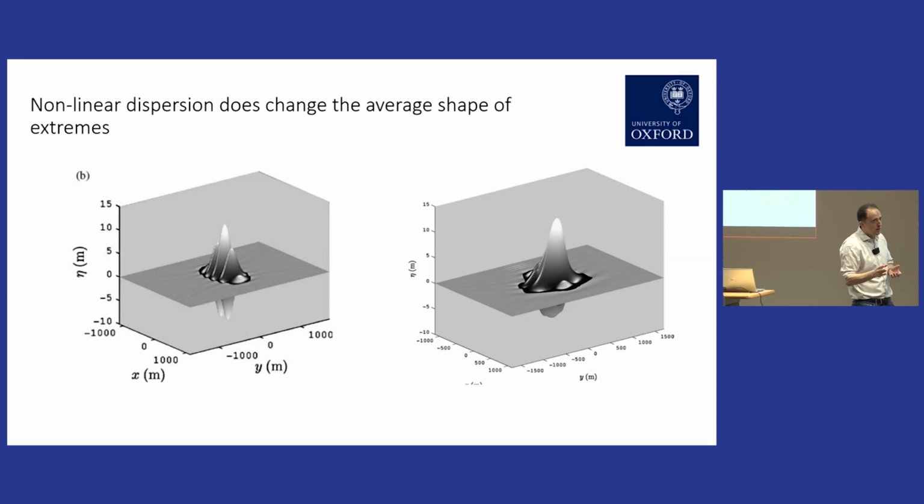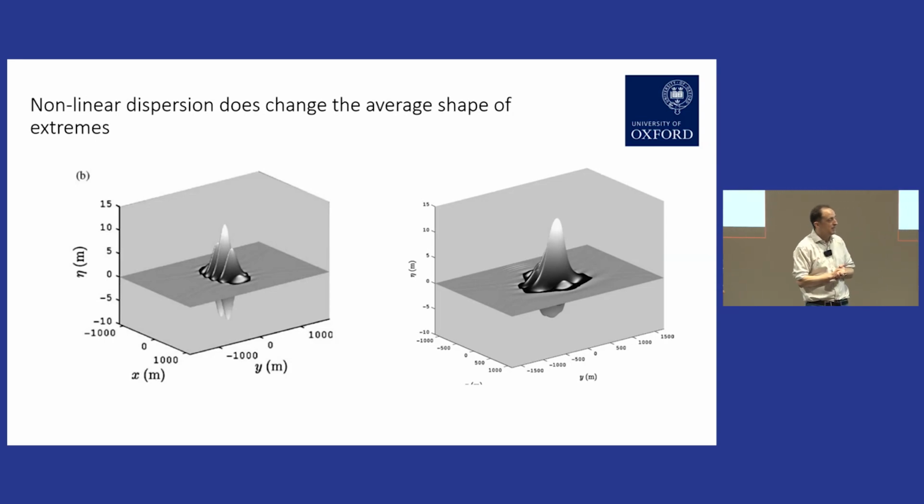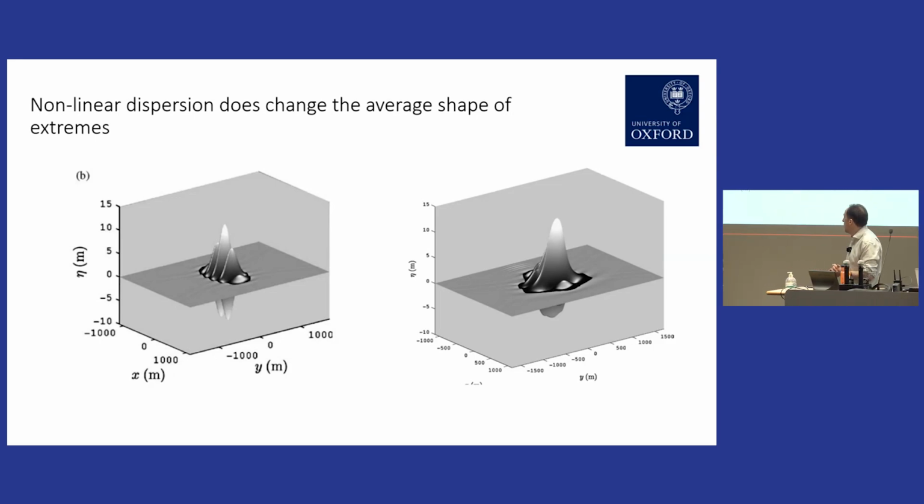Where nonlinear dispersion does make a difference is actually in the shape of the extreme waves we get in deep water. So these were simulations done 20 years ago now by Paul Taylor, sometime of this parish, and his student Richard Gibbs.